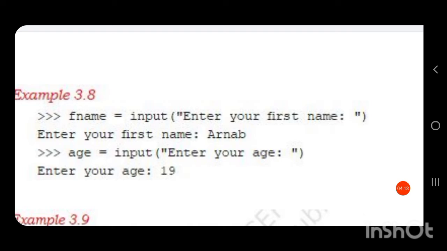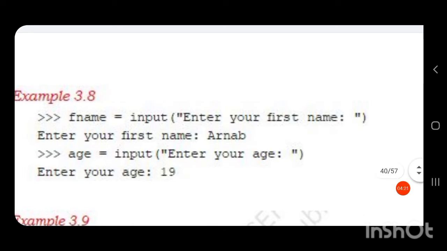Then only will the user understand that he has to enter his first name. Then when we press the enter key, the question, enter your first name, will be displayed as a prompt, and the user will type his name, that is Arnab, in front of that prompt.